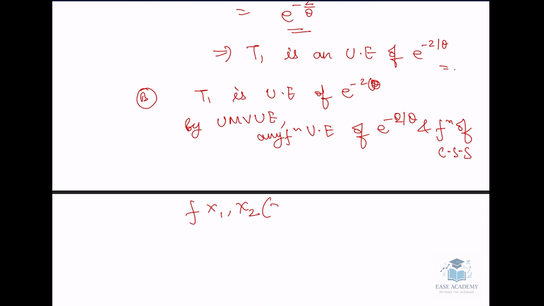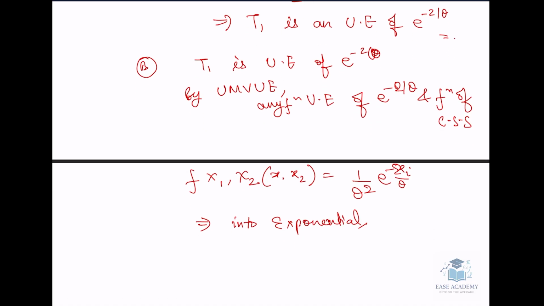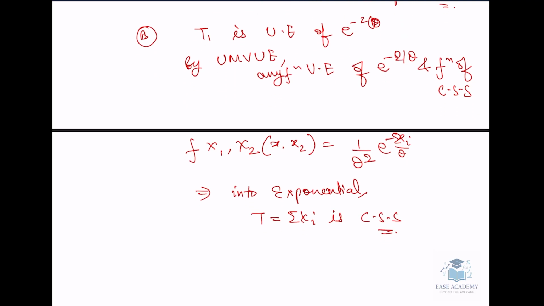The joint distribution of these two is 1 by theta square e to the power minus summation xi by theta, which belongs to the exponential family. So from the exponential family, we can say that T is equal to summation xi, a complete sufficient statistic.